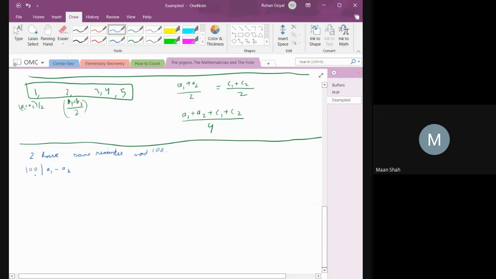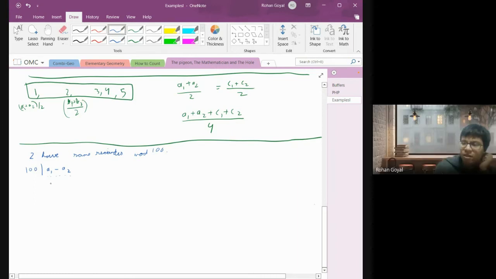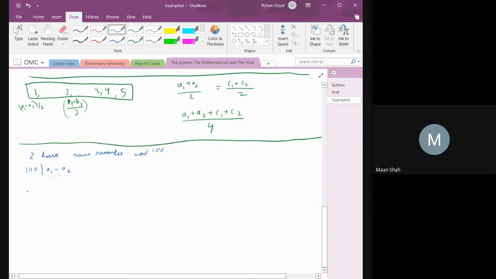Okay. So we can say that A1 minus A2 is a number which lies from 1 to 200. But we don't need to have picked A1 minus A2, right? Like A1 minus A2 is a number, but it's not necessary that we have picked it. But we can pick any two numbers.